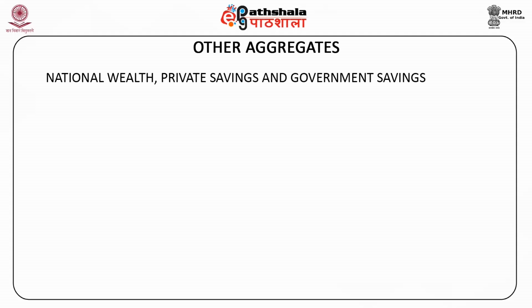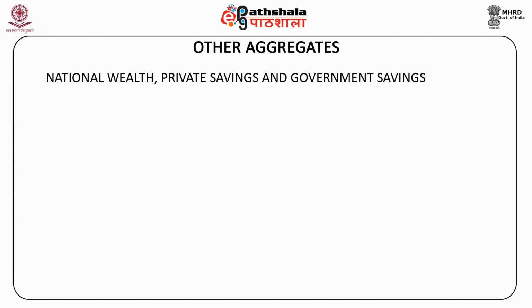Computation of private sector saving is based on the logic that whatever is not consumed is saved for the future. Therefore, private saving is equal to the private disposable income minus the consumption.